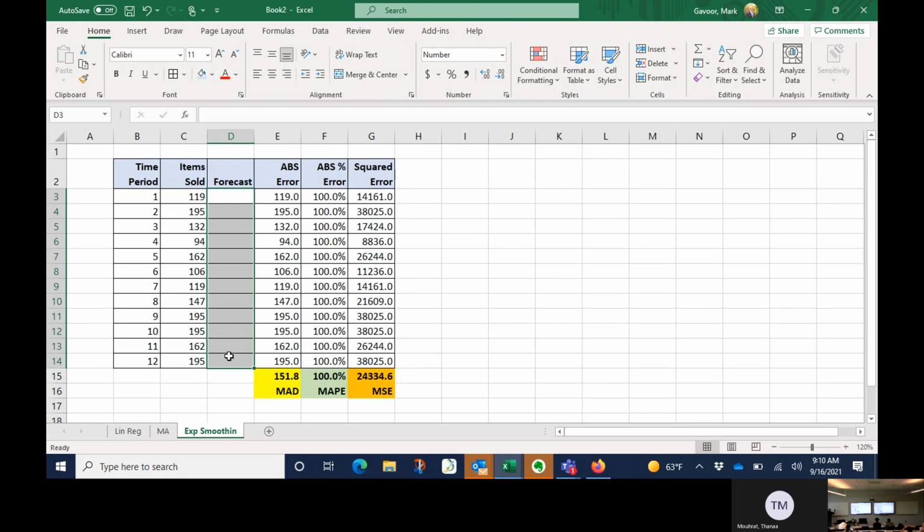Remember, alpha goes from 0 to 1. What does that mean? If I have the number line 0 to 1, it's all numbers 0 to 1. It's a percentage. If alpha is 0, the next forecast is the previous forecast, so it's always going to be flat. If alpha is 1, my next forecast is my previous actual, a 1 month moving average, basically, so everything lags behind.